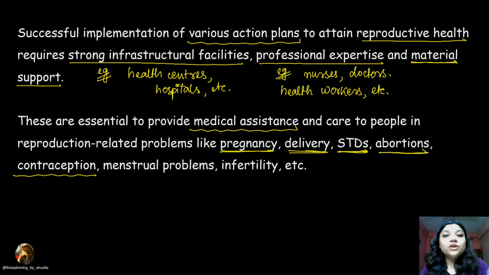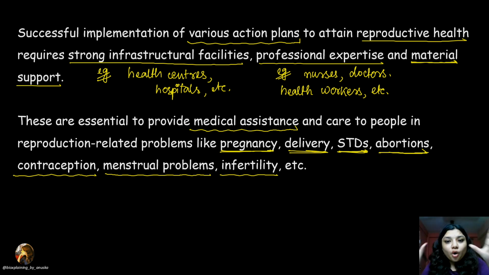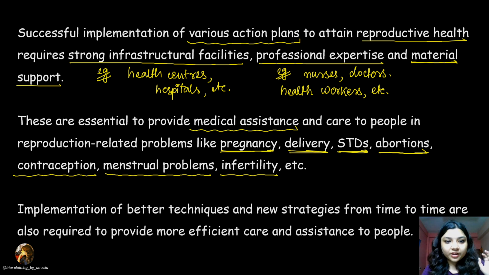Contraception is what measures you can take beforehand so that the person doesn't get pregnant. Then what to do in menstrual problems. Infertility, how to treat infertility. The couple is not able to conceive a child, how to treat that. So all of these come under the large umbrella of providing assistance for all these things, right?